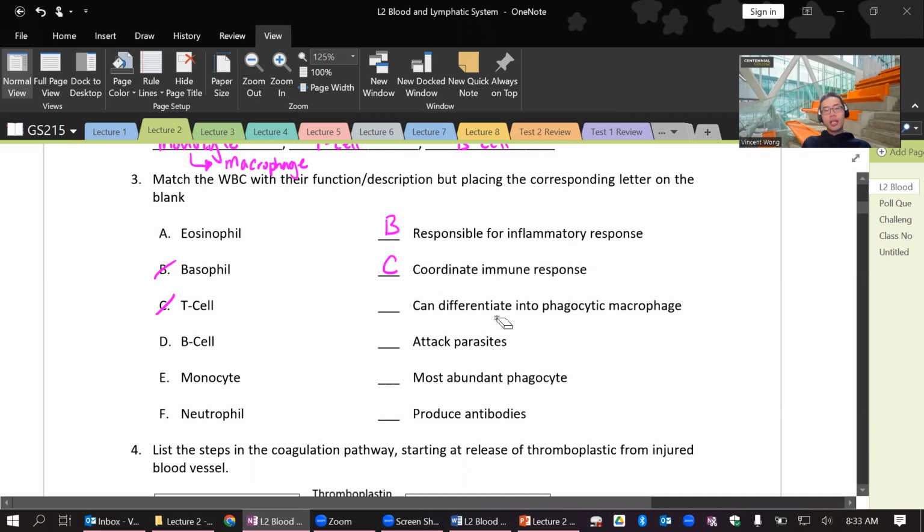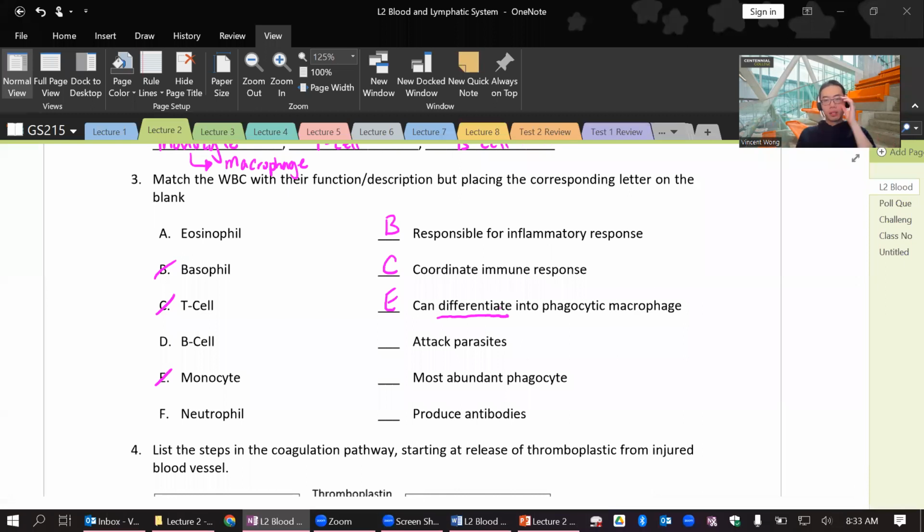Can differentiate into phagocytic macrophage. That would be monocyte. Okay. Differentiate means it changes and it specializes. Okay, it's a one-way transformation. Once they become the macrophage, there's no going back to monocyte.